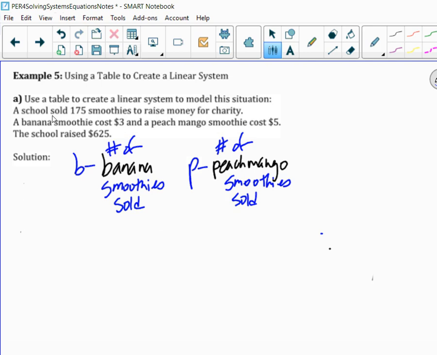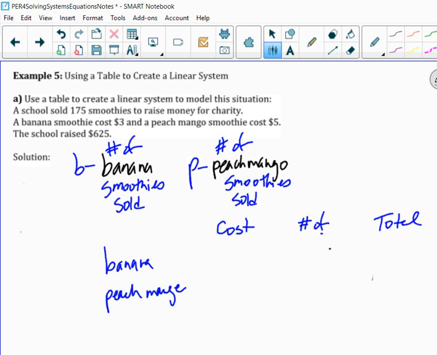So do you see that if I have a banana here, peach mango, and this is the cost, this is the number of, and this is the total maybe, I don't know. Or maybe the total is the other way around. So the cost is $3 and $5, and what else do we know?